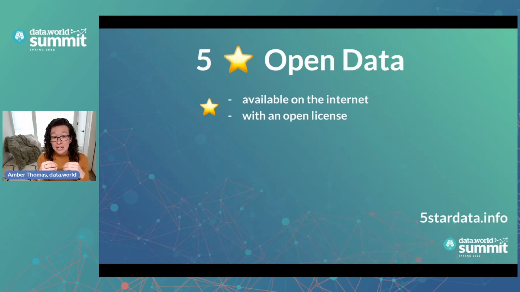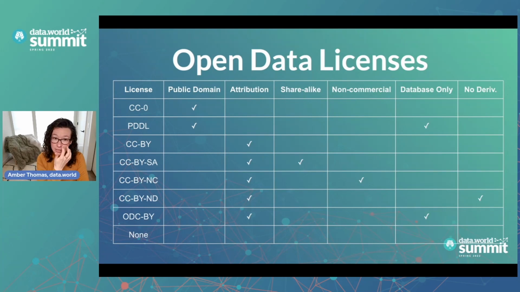There's also the idea of legally open, which means that people can legally do stuff with your data. In order for something to be legally open, it needs to have a designated open data license. So for instance, here's just a handful of open data licenses that you can add to an open data set. And basically each of these licenses just details the kind of things that users can do with the data.